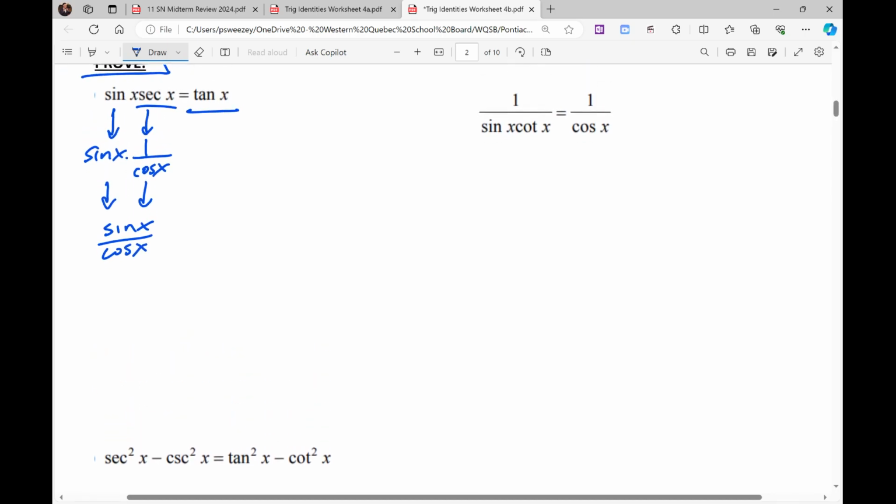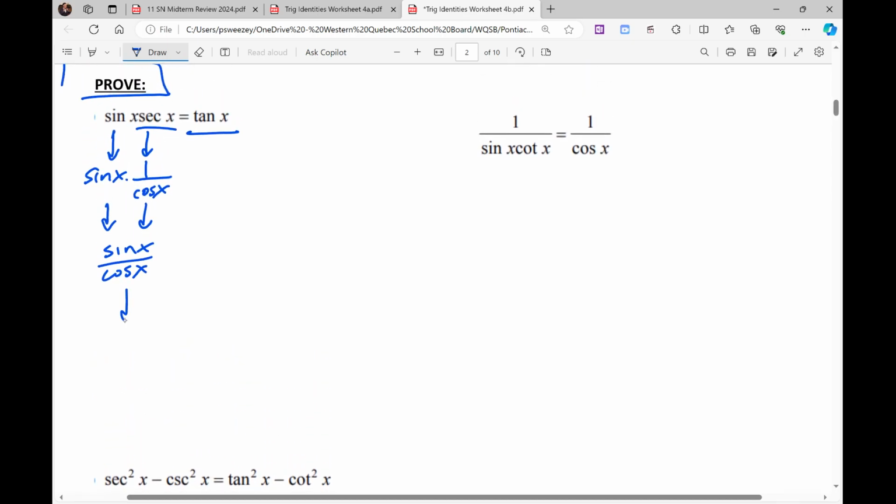So that quotient identity tells me that this would just become tan x. So now I've taken the left side and made it equal to the right-hand side. Okay? Does that make sense? Yeah, that was an easy one.